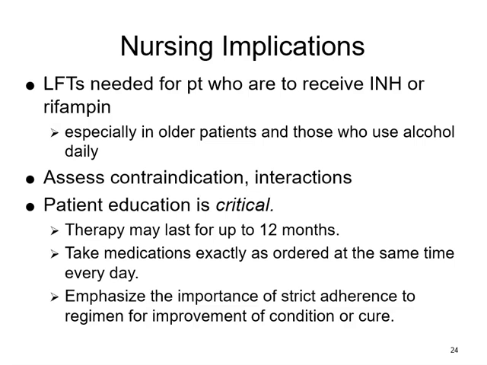And at this point, patient education is absolutely critical. This therapy for tuberculosis may last for up to 12 months and sometimes even longer. The patient has to be pretty well regimented and take the medications exactly as ordered at the same time to make sure that they don't end up with a drug-resistant strain of the disease.